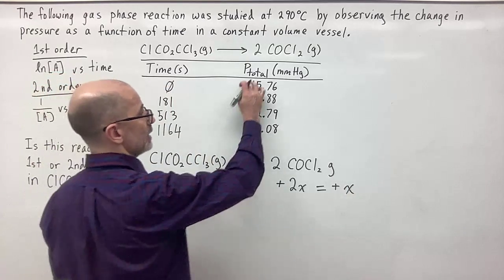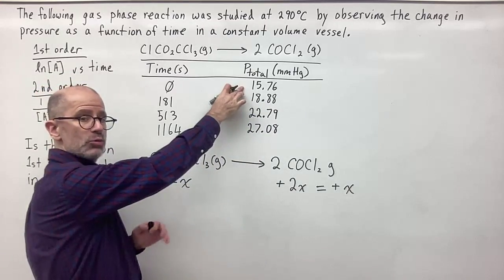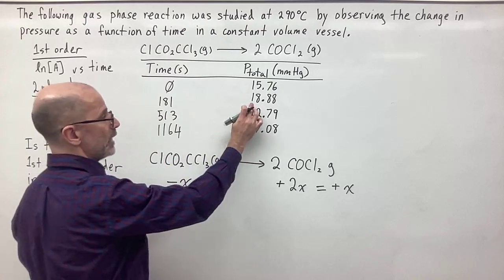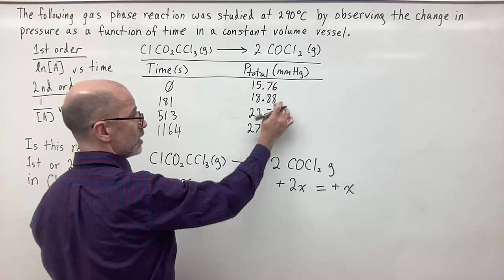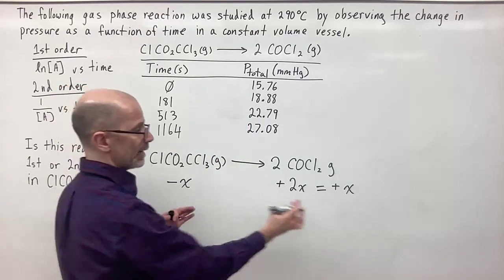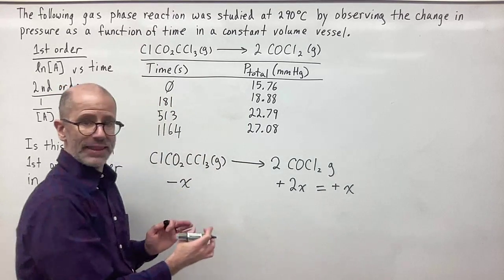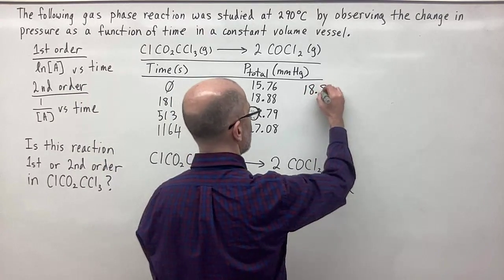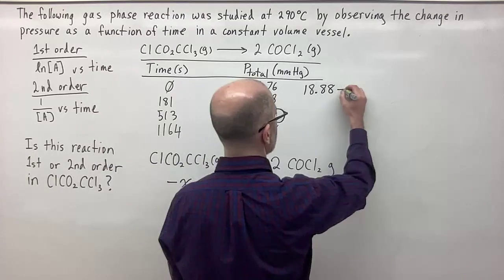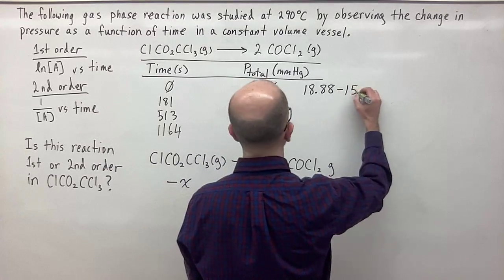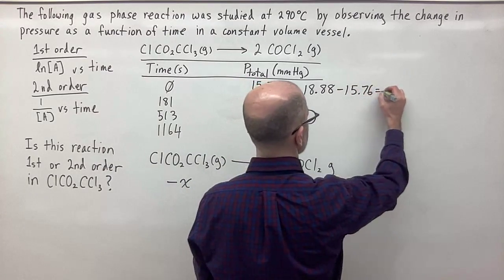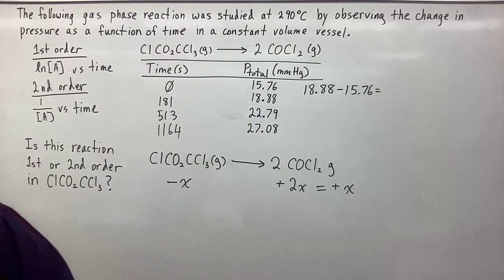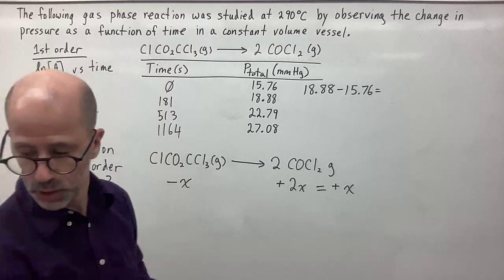I find the difference between my original amount, which was only the reactant, and the new total pressure. What was that gain? That's the x amount. How do I find that gain? I subtract: 18.88 minus 15.76. And when I subtract that, I get 3.12.